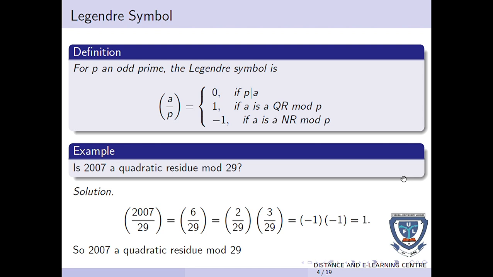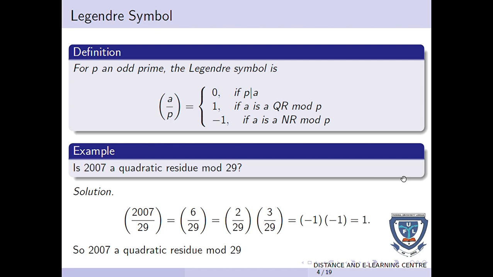Is 2007 a quadratic residue modulo 29? Solution: 2007 over 29 will be equal to 6 over 29, which is equal to 2 over 29 times 3 over 29.